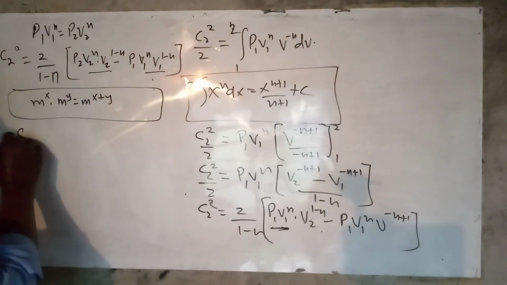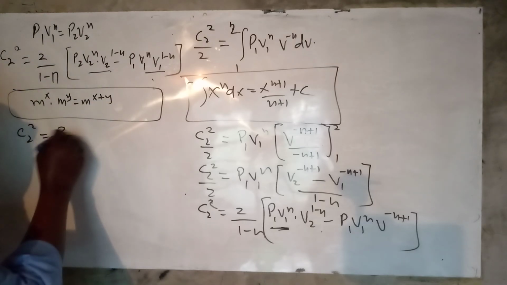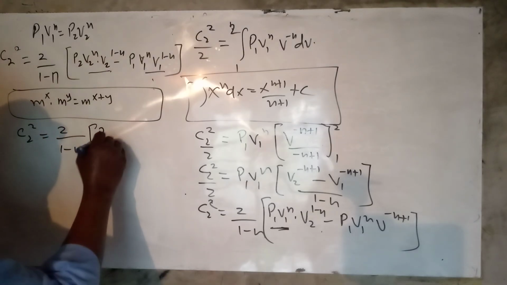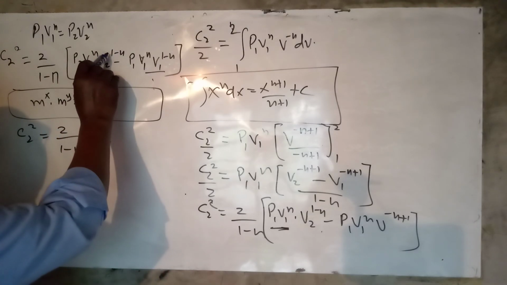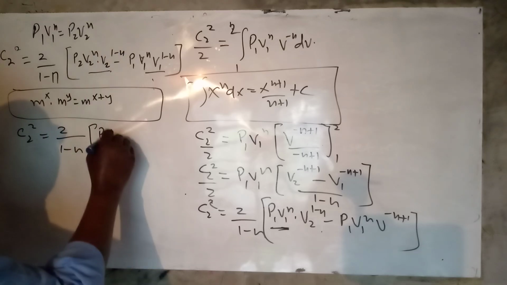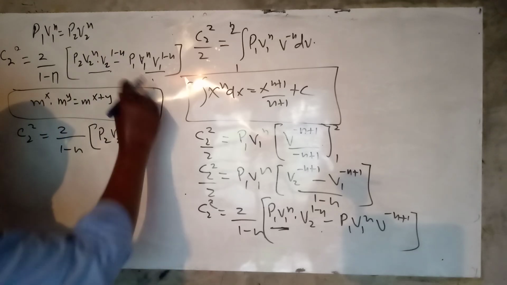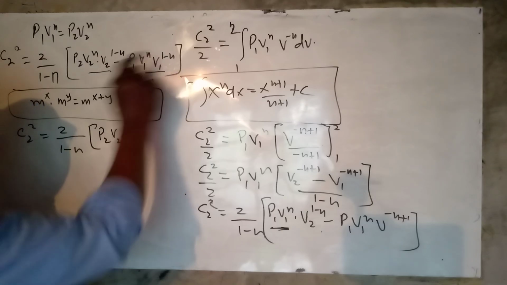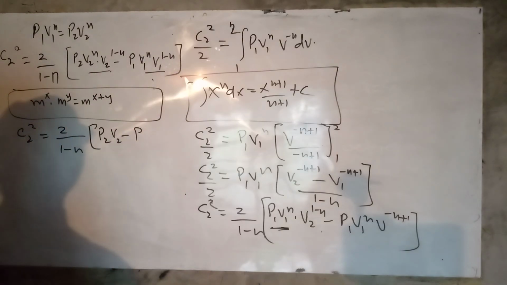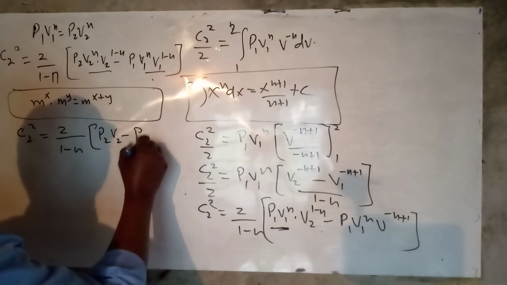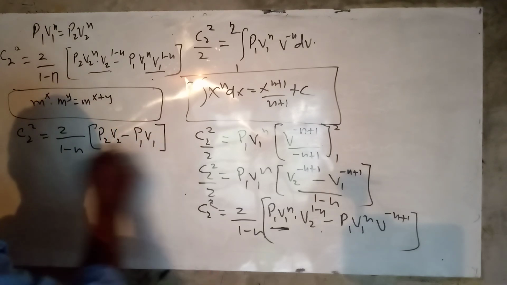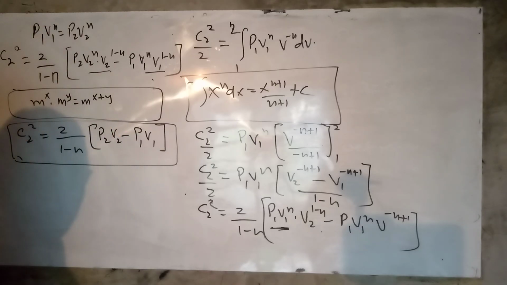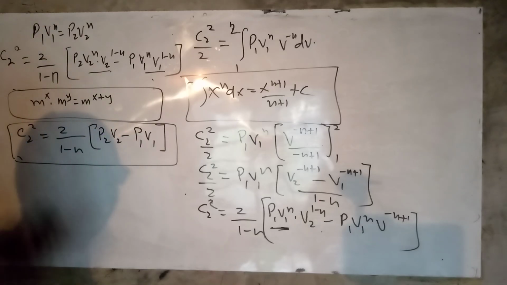What we have, C2 squared will be 2 over 1 minus n into P2, of course that will be V2^(n+1-n), minus P1 V1^(n+1-n). Using that law of indices, that will again be P1 V1. That expression is important for us in terms of velocity.